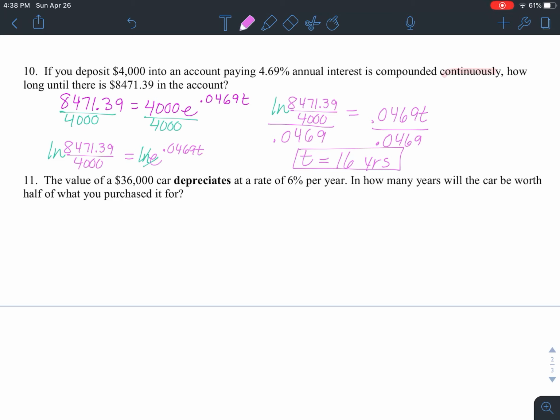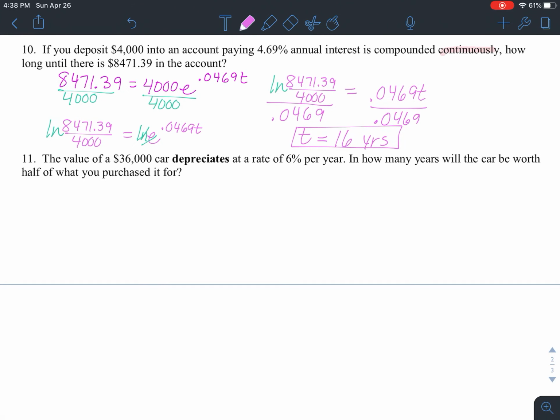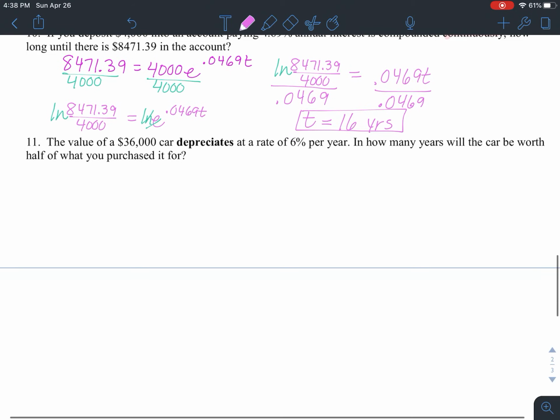So, what happens when we don't have e and we have to solve for T? You can do it the exact same way. So it says the value of a $36,000 car depreciates, so that's our new formula.